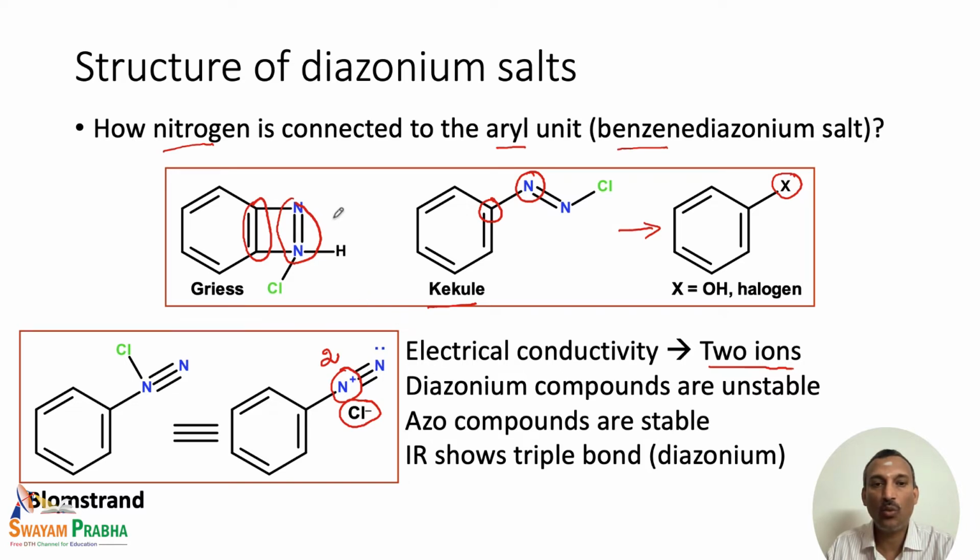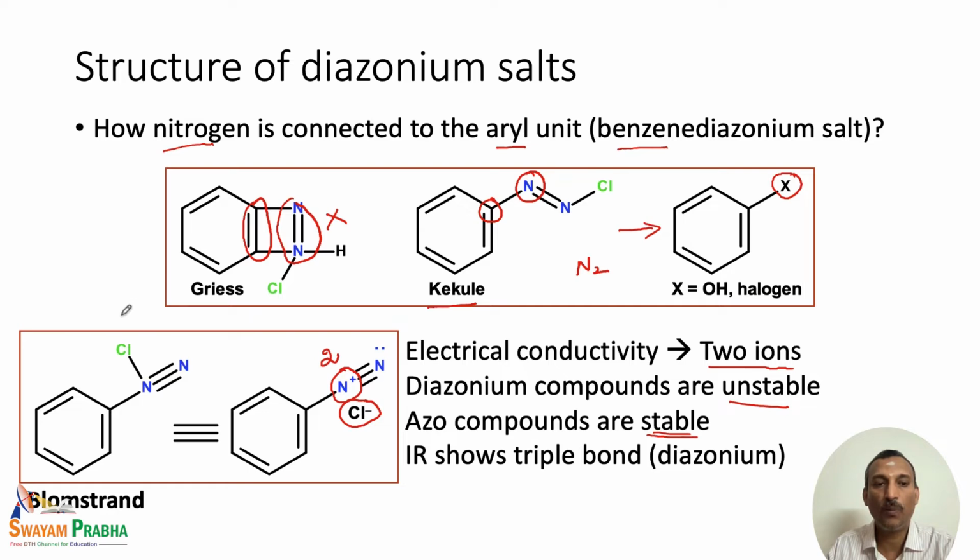That ruled out the dimeric structure. Then, diazonium compounds are unstable, as people had found out, and that is the reason that when they are formed in the reaction medium itself, they undergo reaction with the expulsion of nitrogen gas to give the corresponding aryl substituted units. So, diazonium compounds are unstable, which people are aware of, and azo compounds are more stable. That means azo compounds are different from the diazonium salt.